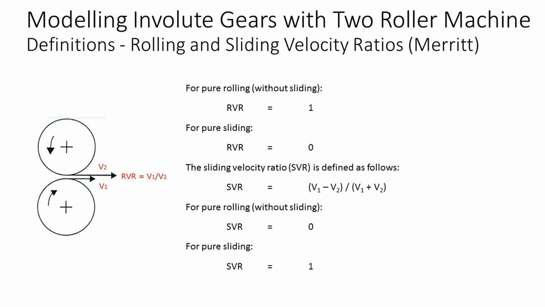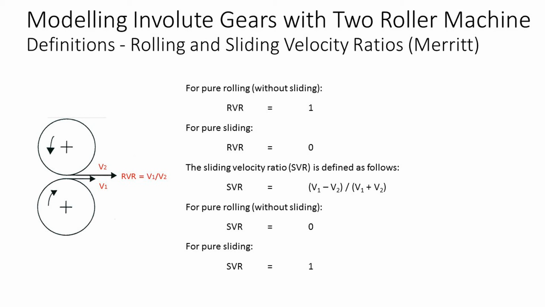To take our analysis further, we need to introduce some definitions. With gears, the relationship between rolling and sliding velocity requires careful definition. Merritt defines the rolling velocity ratio, RVR, as the ratio of the smaller to the larger velocity of the two surfaces relative to the point of contact, taking algebraic sign into account.